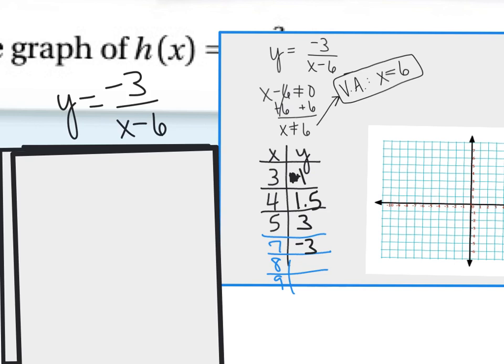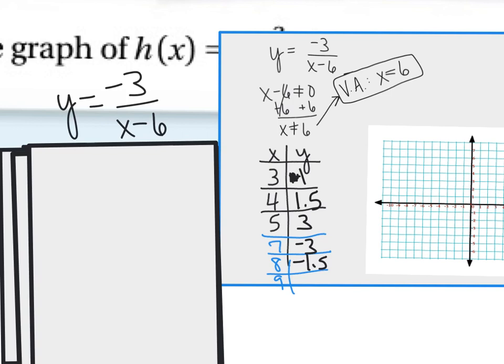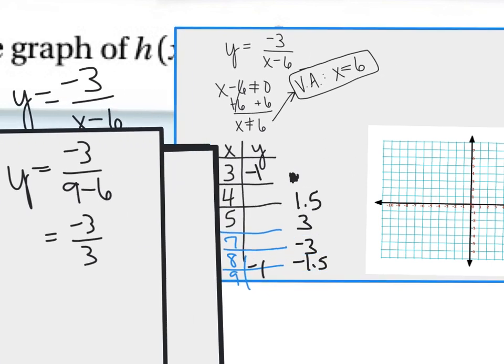And then if we put an 8 in, that would be negative 1.5. And then if we put a 9 in, that would be negative 1. If you'll notice, these are just opposites of what we had with the other side.